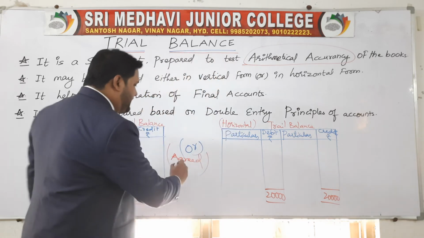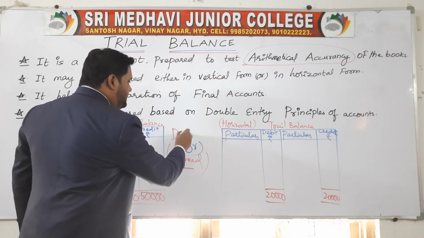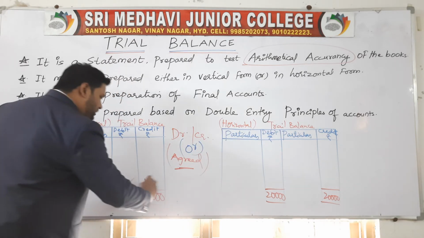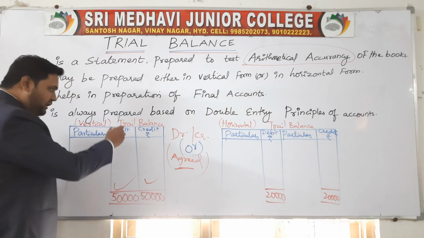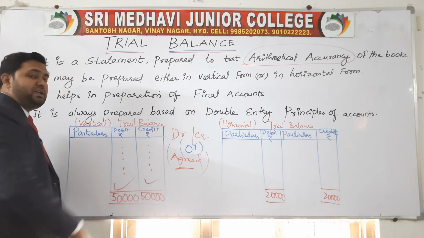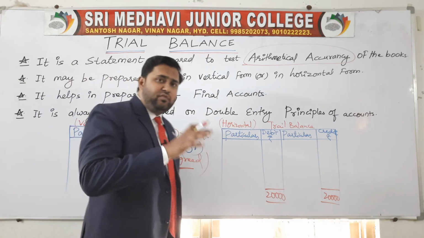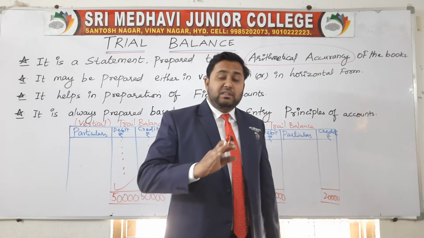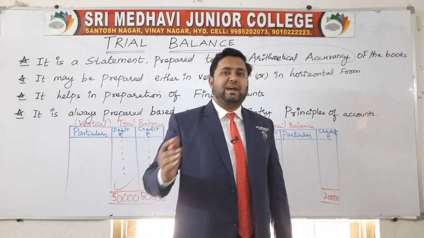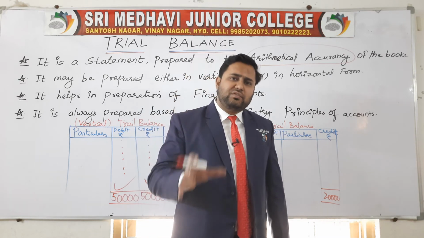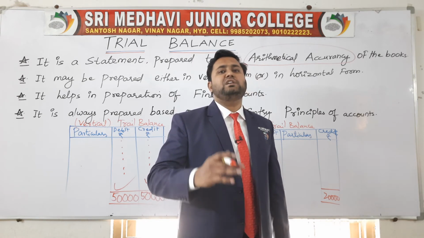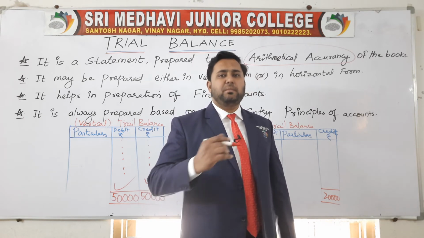It agrees with debit and credit: debit side 50,000 means credit side 50,000. The totals of the debit amount and credit amount must agree. If your trial balance agrees, then your balance sheet will tally, and on the basis of this the final statement is going to be prepared.